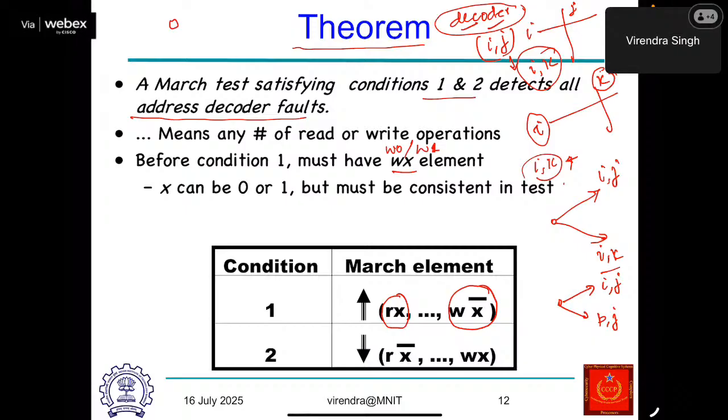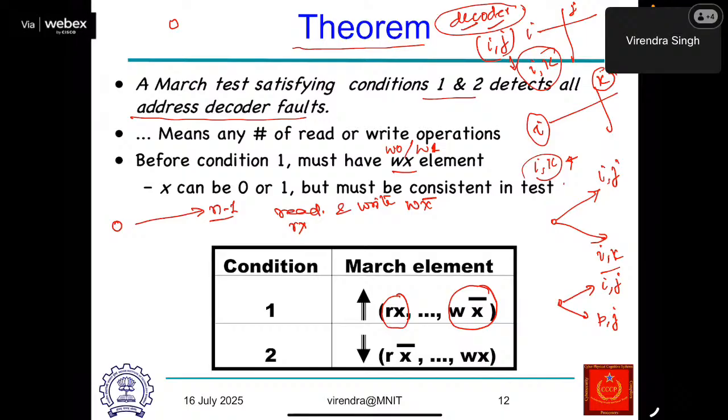If I go from the 0th to the n minus 1 element, first I read and then write. So if I read Rx, then I will write Wx bar there.